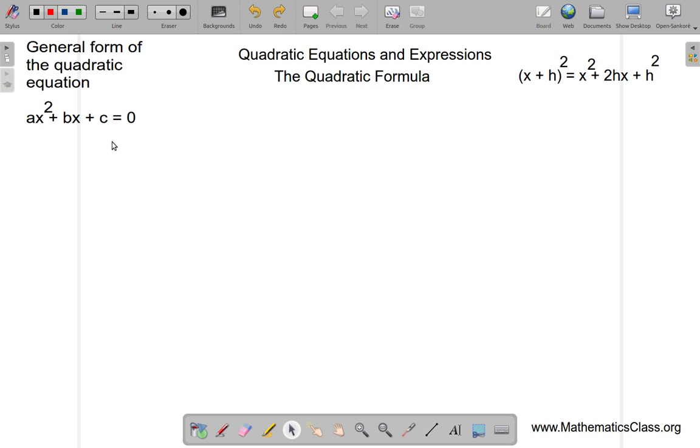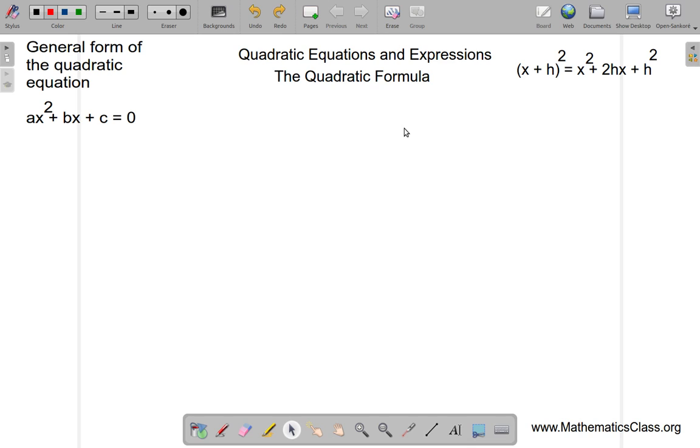We also have to remember, before we start, that when a quadratic equation is in the form of a perfect square, it is in this form: x plus h squared is the same as x squared plus 2hx, a number multiplied by x, plus half of that number squared, because half of 2h is h, and of course h squared is h squared.